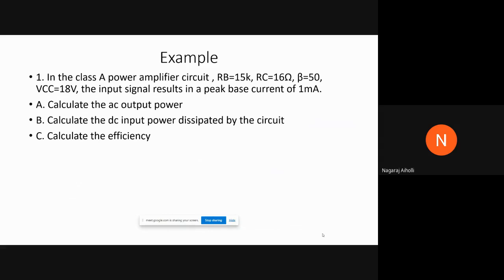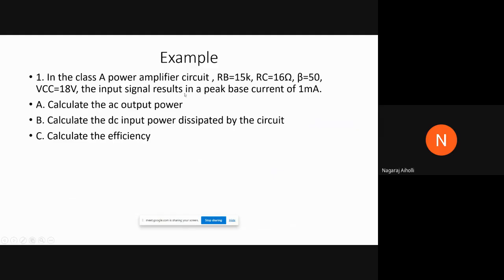In the class A power amplifier circuit, RB is equal to 15K, that is the base resistance is 15K, RC, the collector resistance, is equal to 16 ohm, beta, that is the current gain, is equal to 50, and VCC, the power supply, is 18 volts. The input signal results in a peak base current of 1 milliampere, that is IB peak is equal to 1 milliampere.